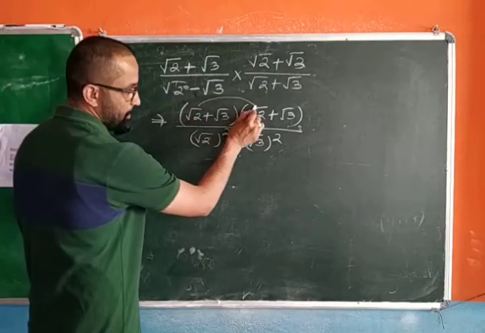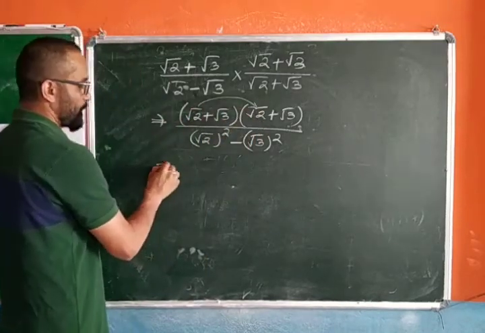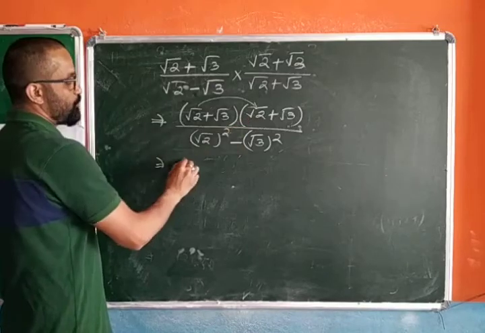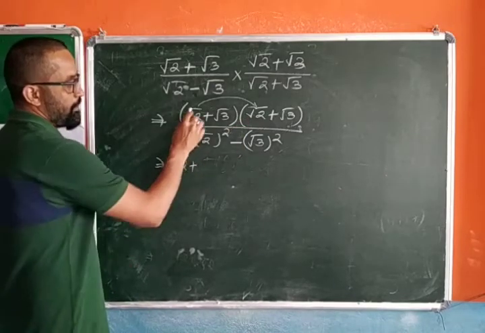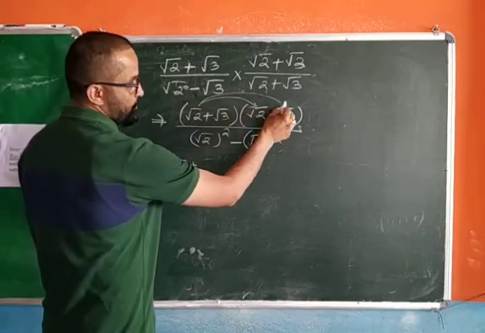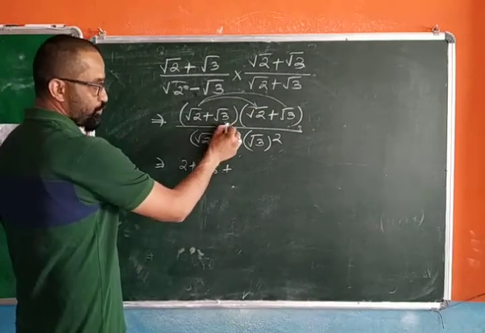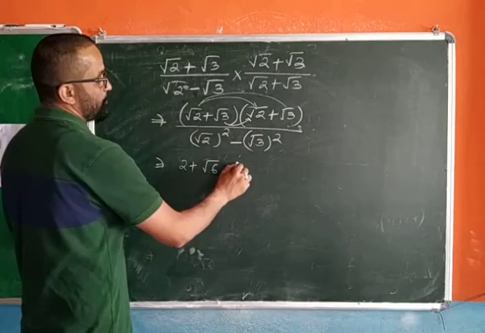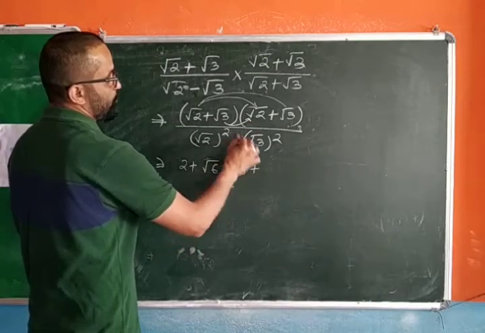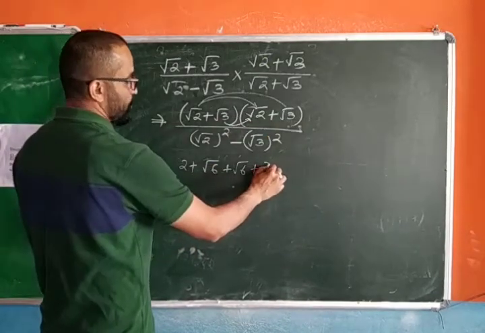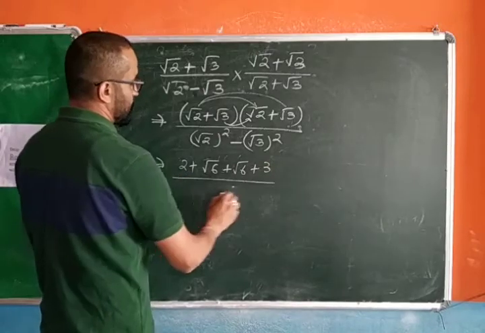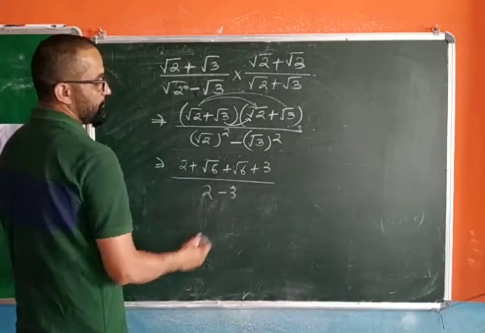Root 2 multiplies root 2 is 2, plus. Again root 2 multiplies root 3, you get root 6. Root 3 multiplies root 2, now you get root 6. Root 3 multiplies root 3 is 3. Whole thing divided by 2 minus 3.